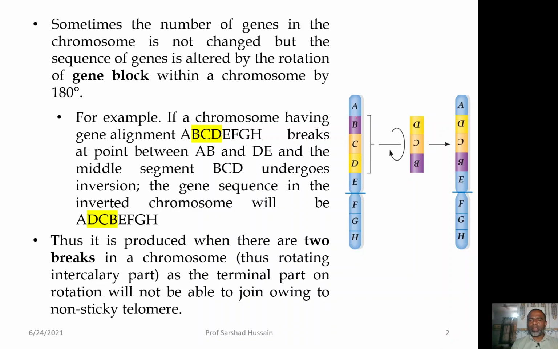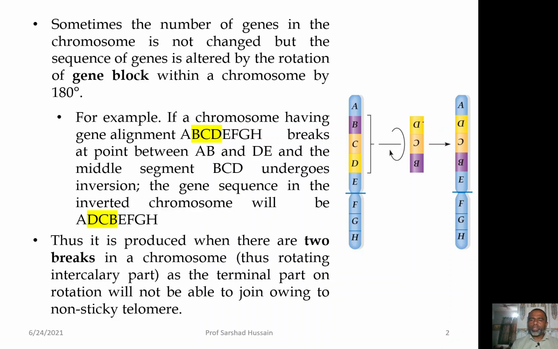Here it was A B C D E F G H, and here it is reversed for a part of the segment or the block of the gene, that is A D C B E.